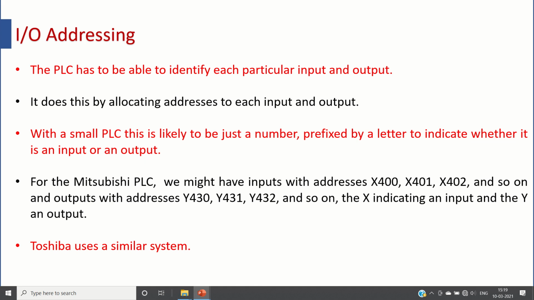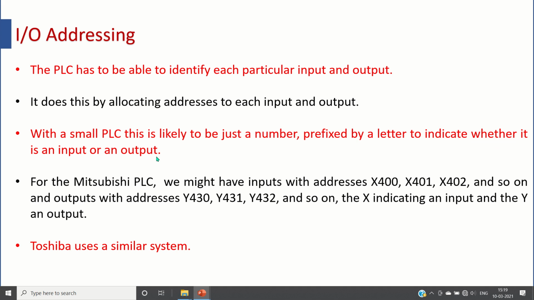Now, as I have told, there is proper allocation of addresses to each input and output. For a small PLC, this is just a number prefixed by a letter to indicate whether it is an input or an output port.